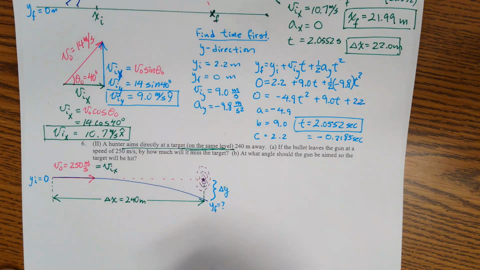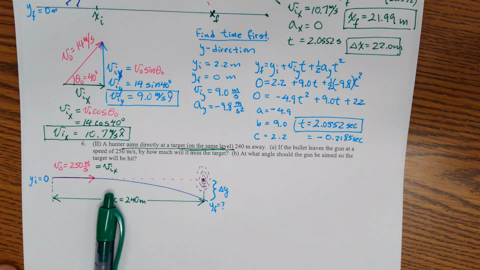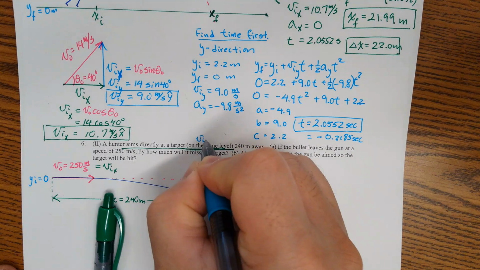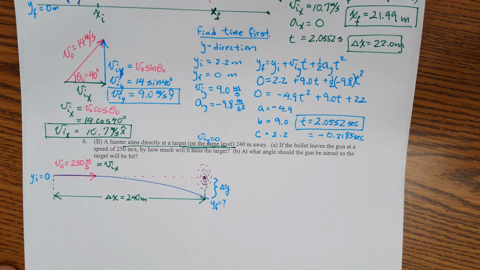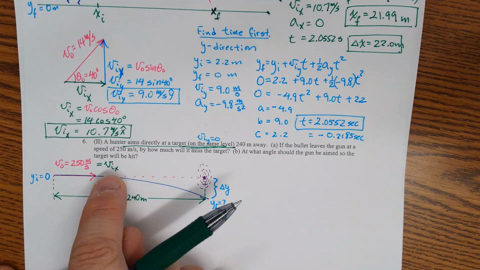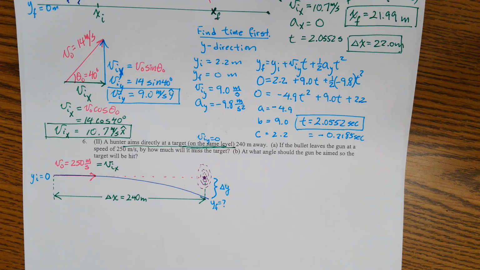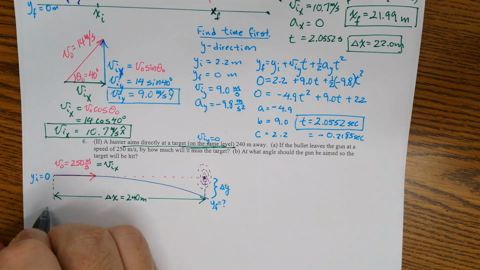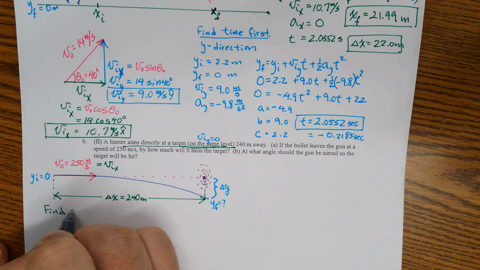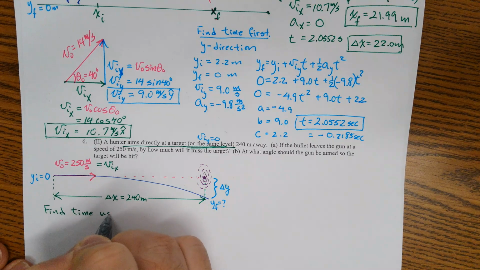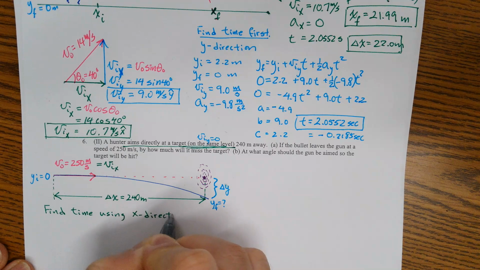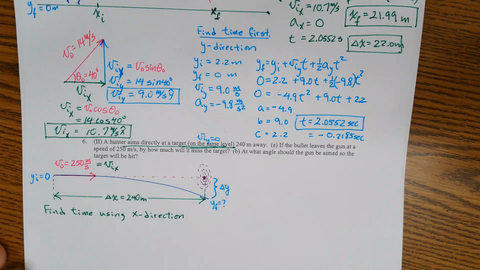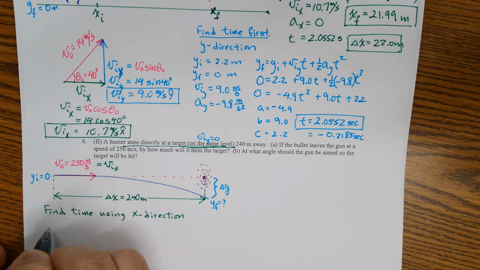So your V naught is your v_ix, and obviously your v_iy is 0 because it is aimed directly at the target. So we could probably use the x direction to find time, because we don't know the height.